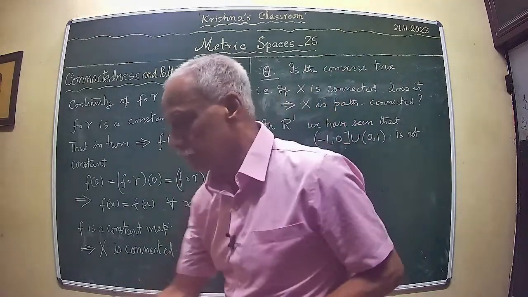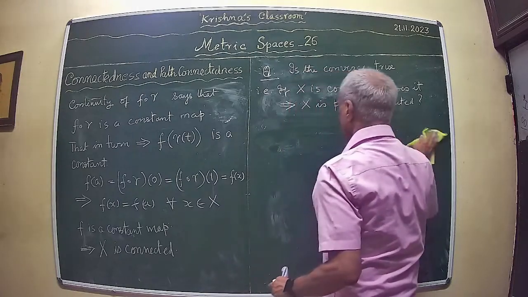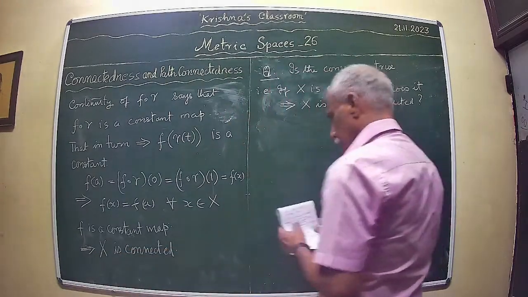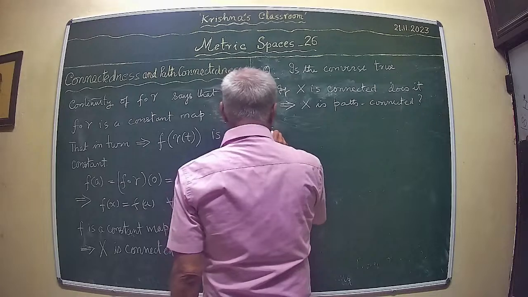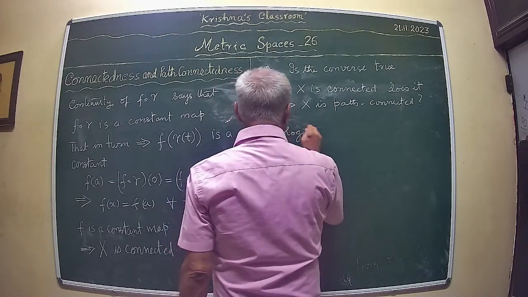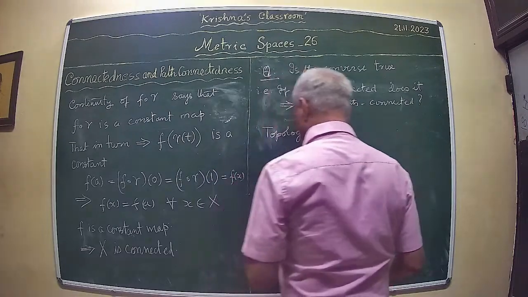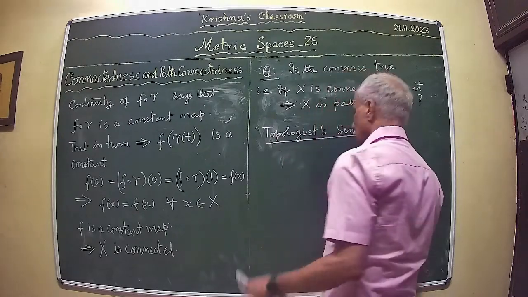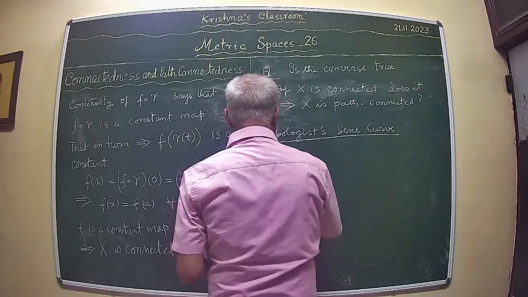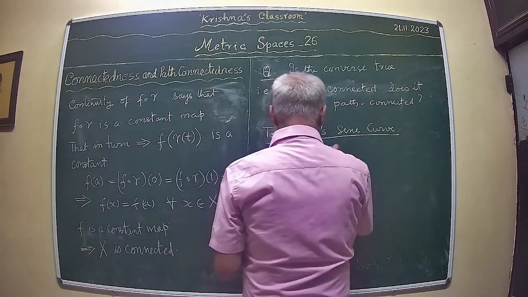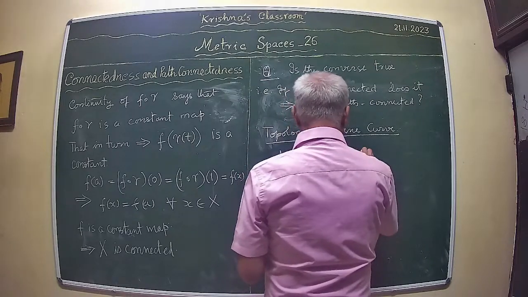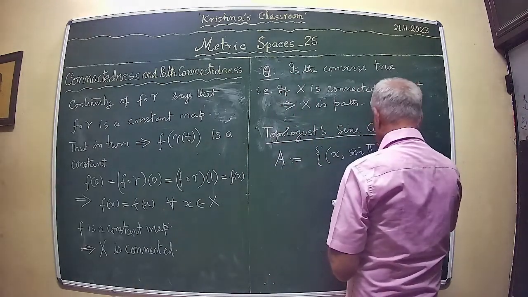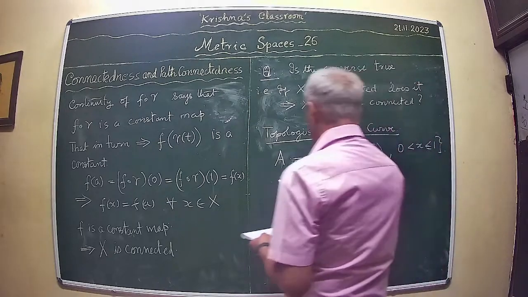Or we give a very nice example. Let us define A to be the set of all points x, sin pi by x, and B as the set of points 0, y.